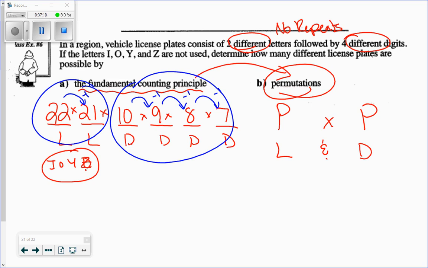So for the letters, how many letters did you have to pick from? 22. And how many letters did we actually pick? 2. How many digits did we have to pick from? And how many digits did we pick?